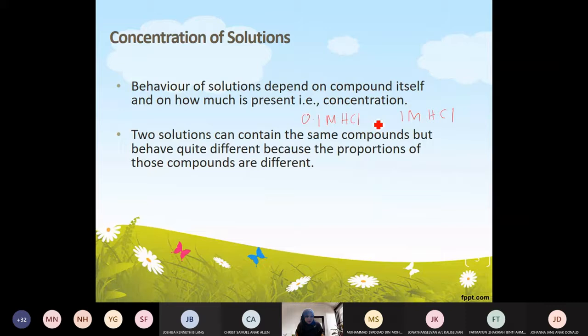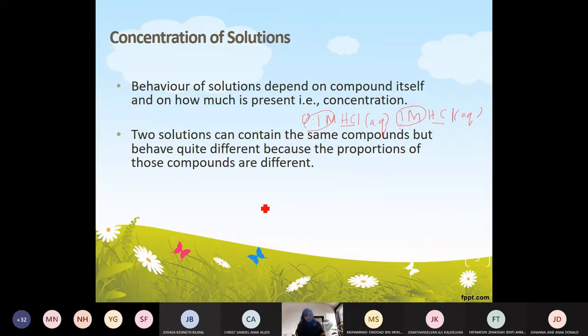So this is both in aqueous, maknanya involve water, the preparation of this solution. So this will be more concentrated compared to this. So it will behave differently. Although the components are the same, still hydrochloric acid, because of the difference in concentration, they will behave differently.